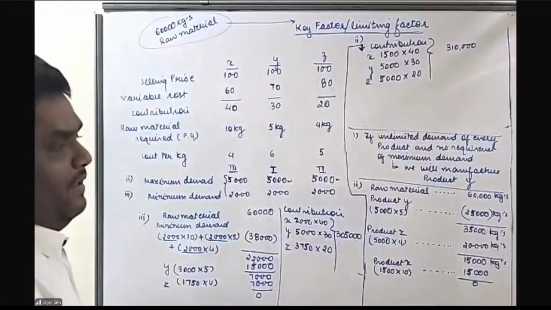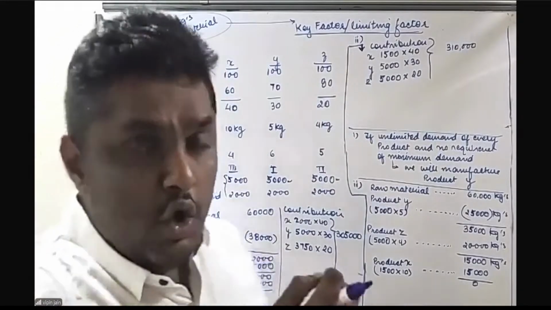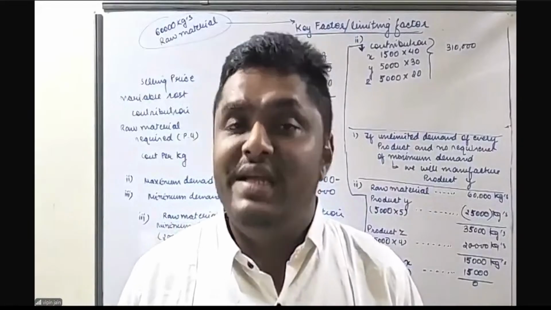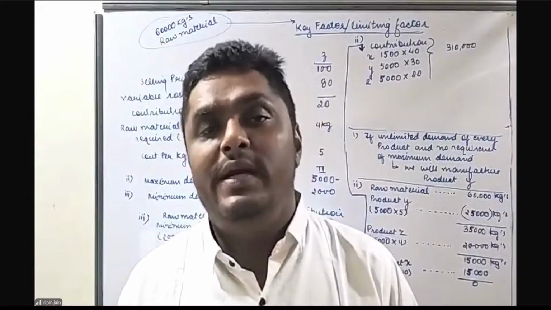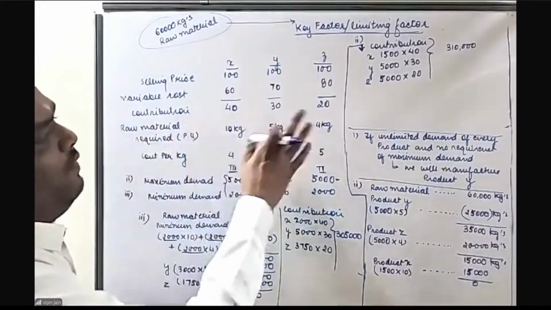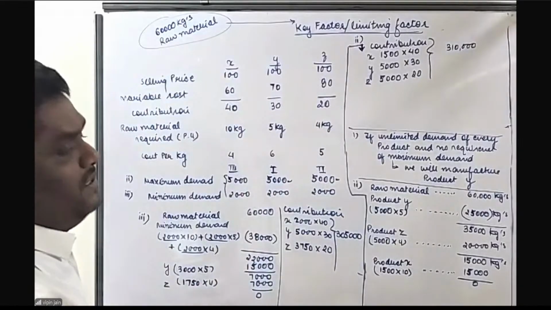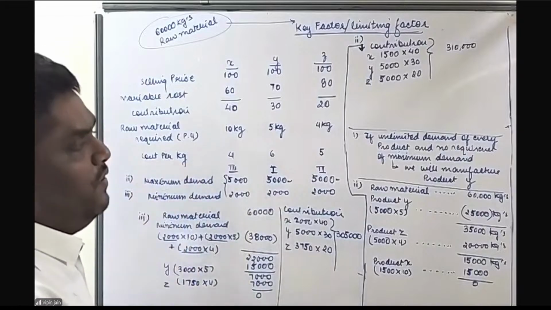I repeat again, the entire concept of key factor. Whatever resources we have available in limited quantity, we call it the key factor. So herein, my raw material is available in very limited quantity, so that is my key factor. Herein we have calculated the contribution. Since my raw material is my key factor, the decision of which product to manufacture will be based on contribution per kg of raw material.